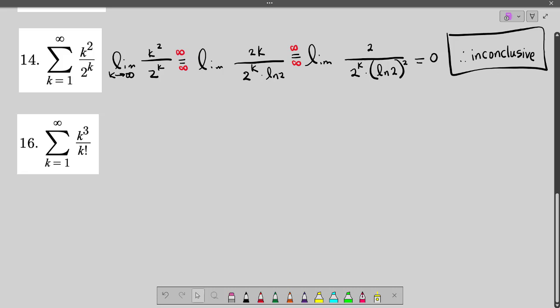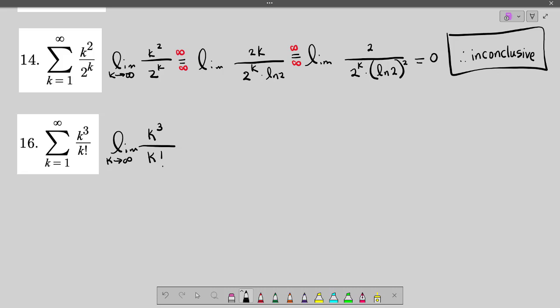Okay. This one, we have a factorial. So remember, something like 6 factorial is 6 times 5 repeatedly down to 1. So that's the factorial. And when we did growth rates last week, factorial grows faster than any exponential, any polynomial, any log.